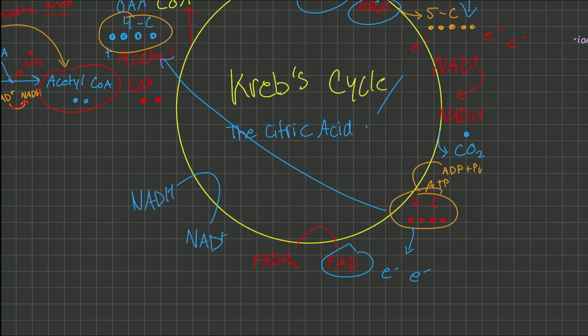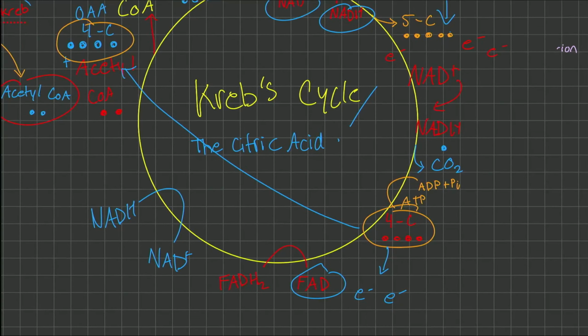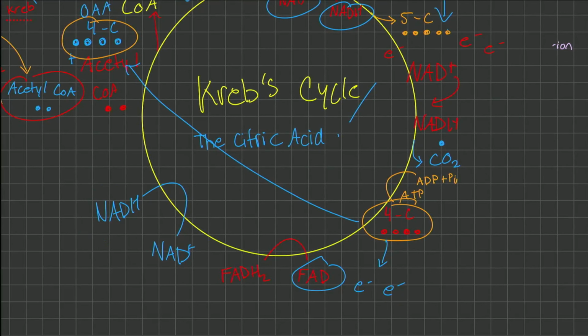So in short, the Krebs cycle is effectively a high efficiency generator, fueling the electron transport chain with electron carriers, all starting from that small carbon molecule, Acetyl CoA. We're being super efficient here. We're turning Acetyl CoA into a bunch of different ways that we can create energy in our electron transport chain.